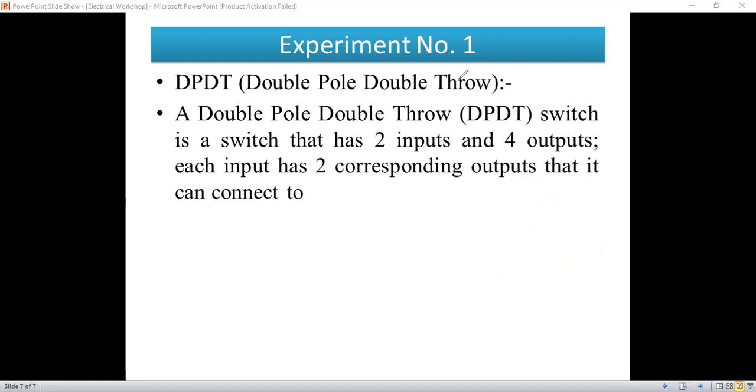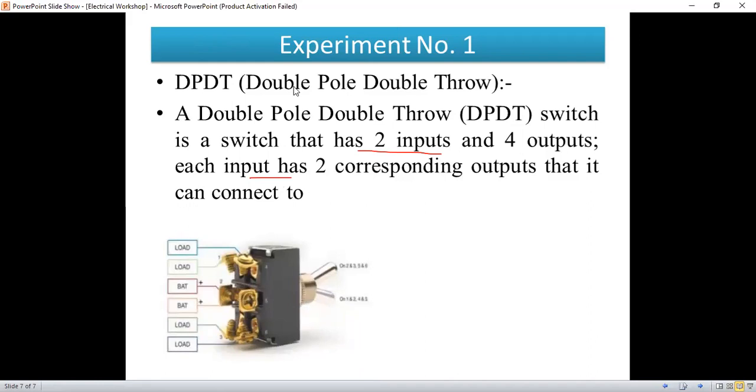Okay, double pole double throw, that means it has 2 input terminals and 4 output terminals. So in this type of switch, the corresponding output corresponding to the input can be connected to the load. Okay, see the diagram for that.